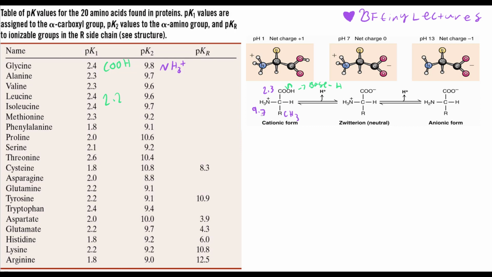Cool, 9.7. So first of all, since it has a lower pK value, it's going to give off the hydrogen first. So that H bonds with the base, okay? So now that is going to be negative, and you still have a pK value of 9.7 for the amine group, okay? For the amine group, this guy, right?